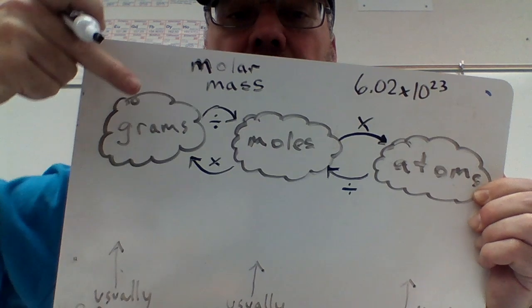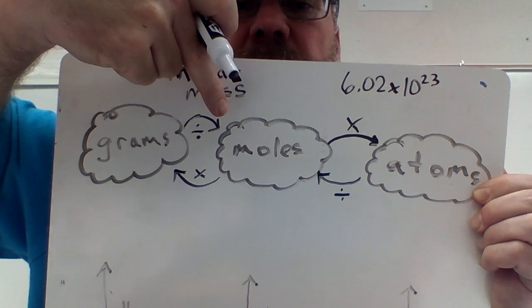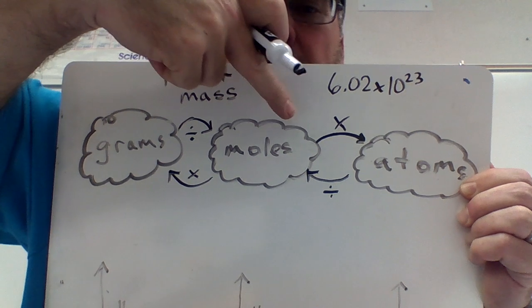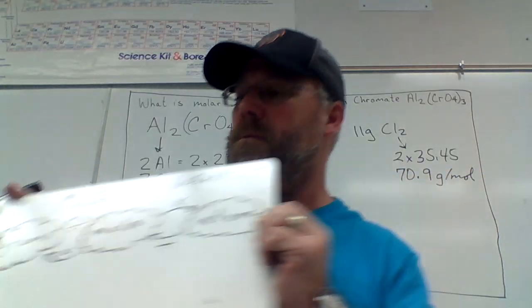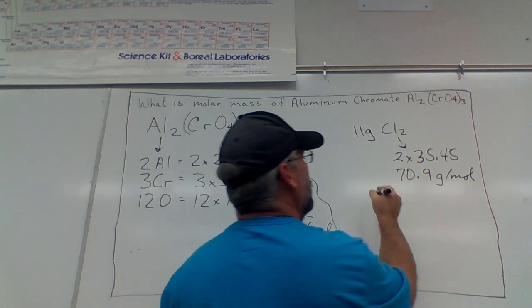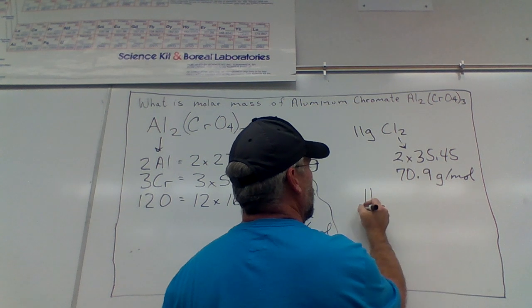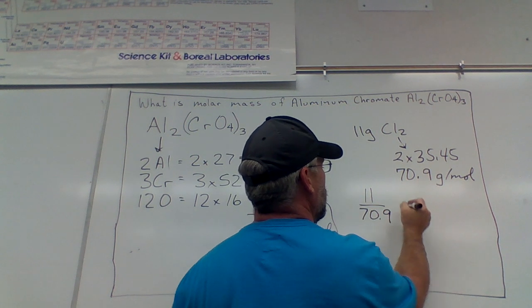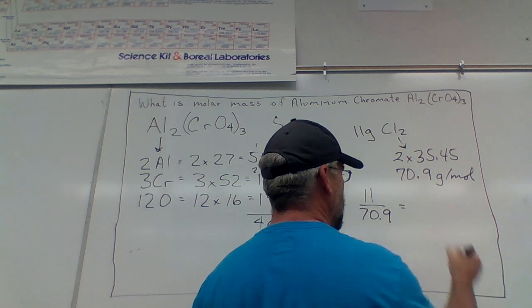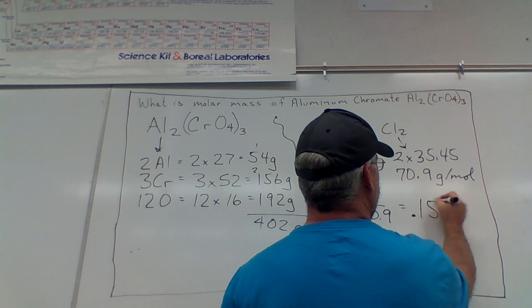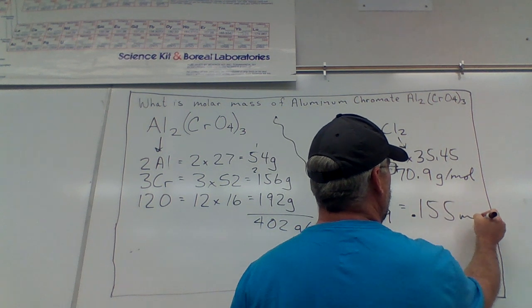I'm going to divide by the molar mass, 70.9, and that's going to give me the moles. So if I go 11, divide by 70.9, punch that into your calculator, you get 0.155 moles.